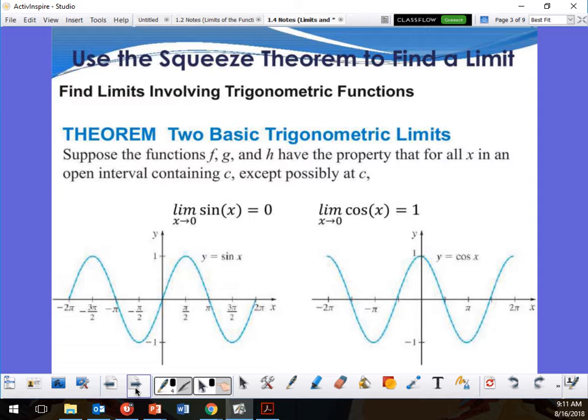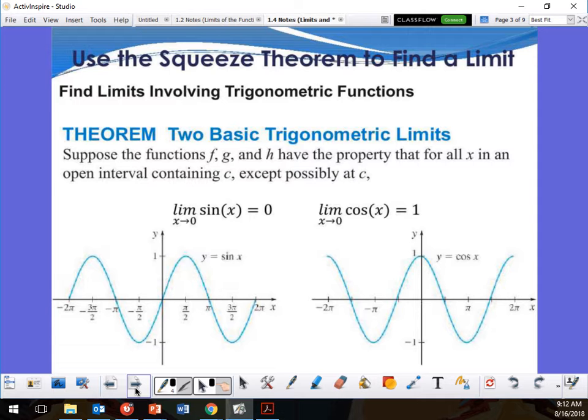What is the derivative of sine? Cosine. What is cosine at 0? 1, right? Okay. So, it's really not much to this.